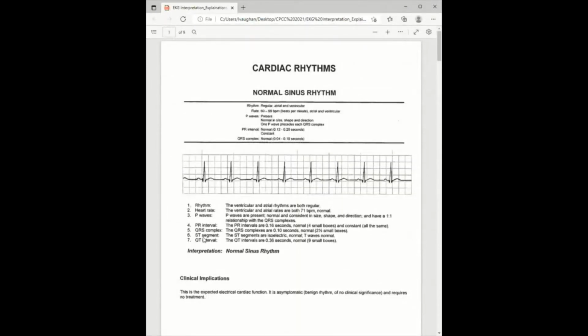So you guys used this PDF document to identify the rhythms that you turned into Blackboard. So let's look at this a little bit.